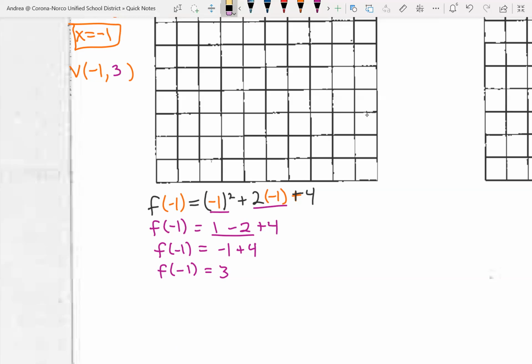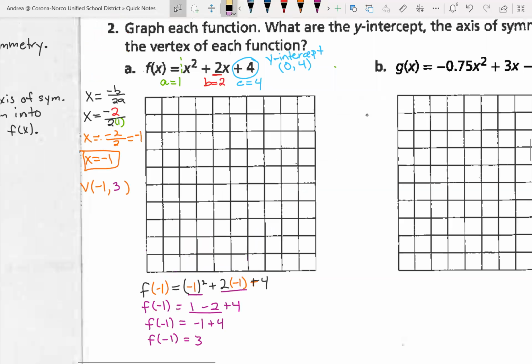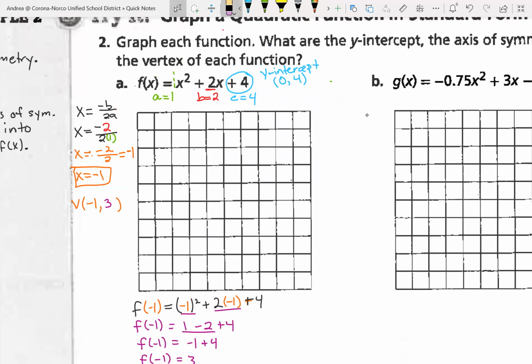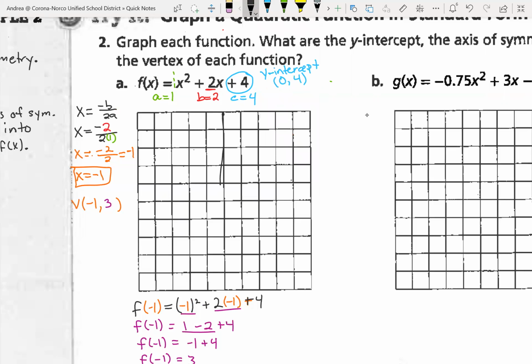Okay, so now we can graph. I'm going to draw my axis. Okay, here's the x-axis. Make it a little thicker. I'm going to draw the x-axis down here because I know my parabola faces up.